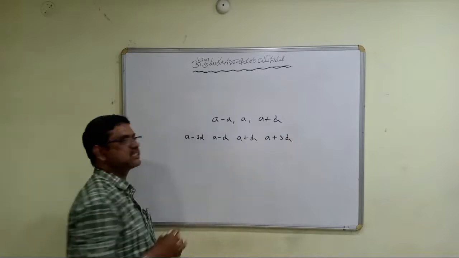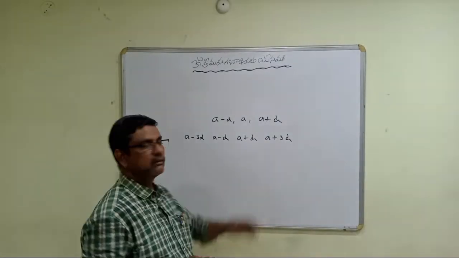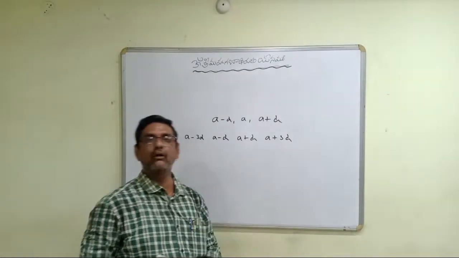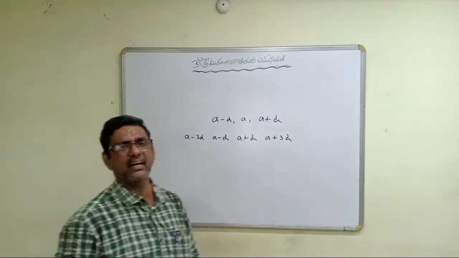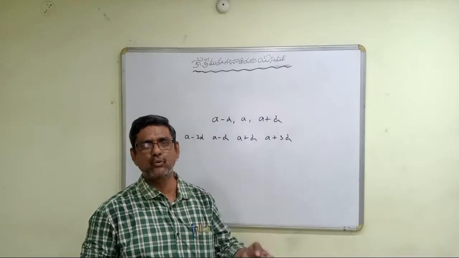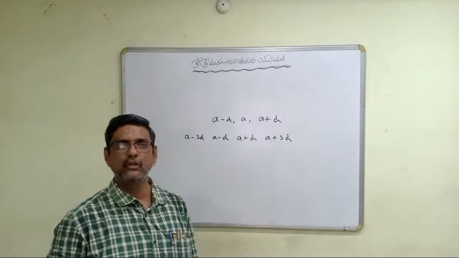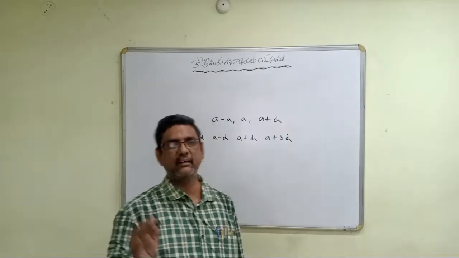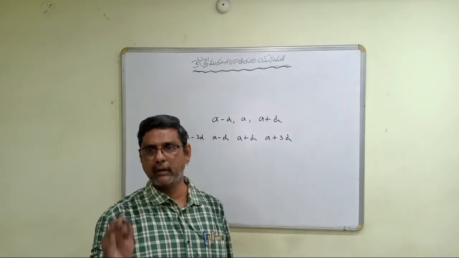These are the terms that we need to consider. If we consider like this, then the problem is easy. If any one of you asks, sir, can we take a, a plus d, a plus 2d, a plus 3d? Yes, you can take like that, but it will take more time to solve the problem.